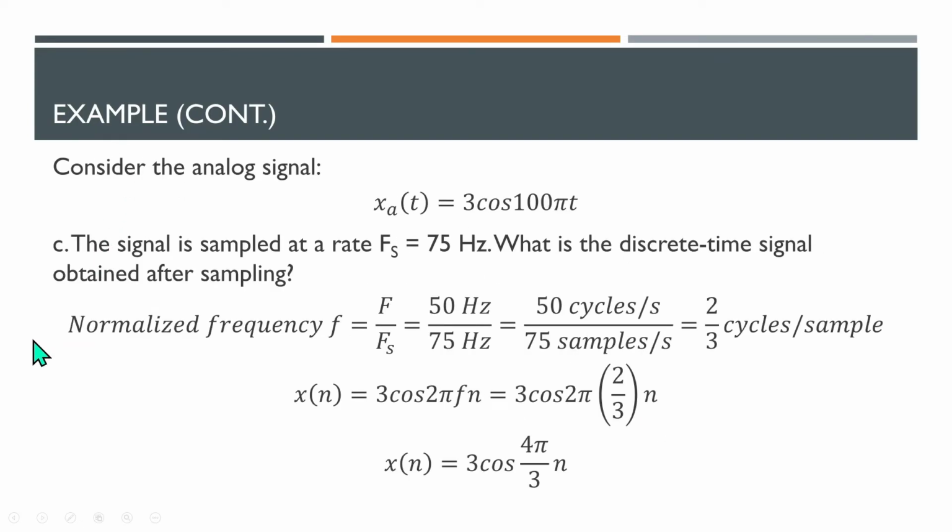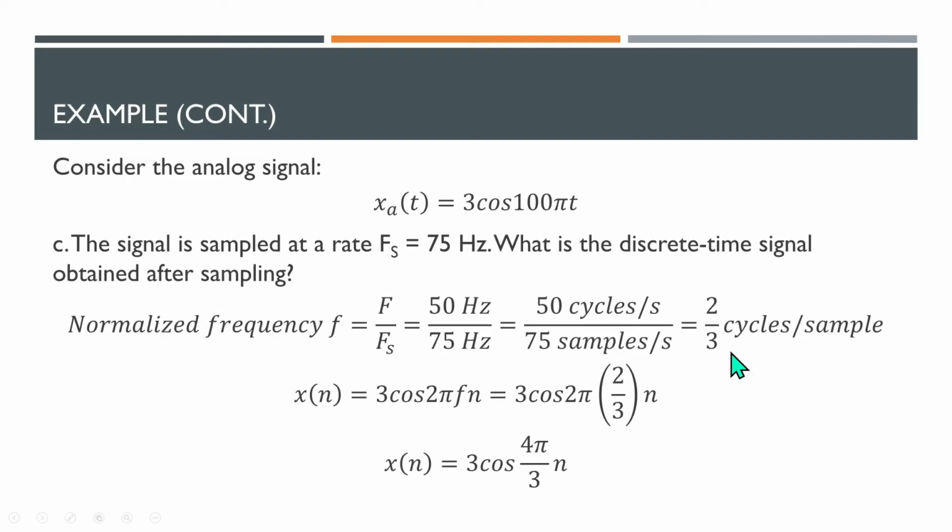For letter C, the signal is sampled at a rate of F_s equals 75 Hz. What is the discrete time signal obtained after sampling? This item is similar to item B. First, we will get the normalized frequency, small letter f. We'll just plug in the values. F is 50 Hz. F_s is now 75 Hz, which means that the signal is sampled at 75 samples per second.